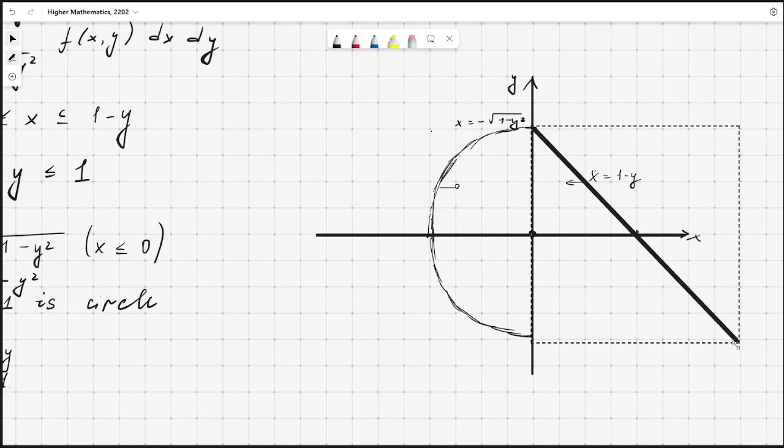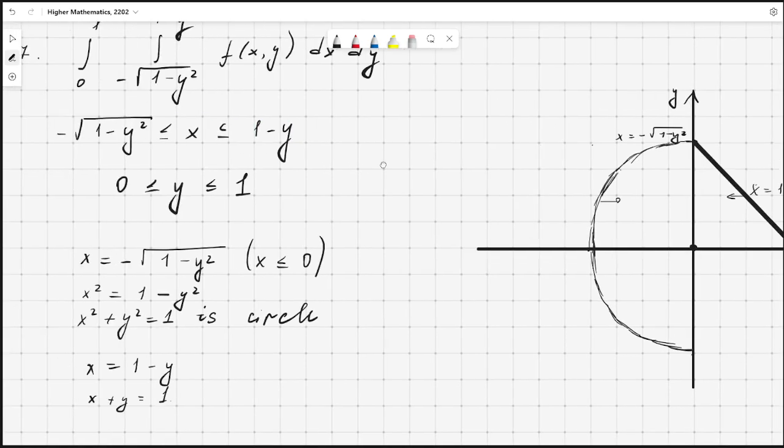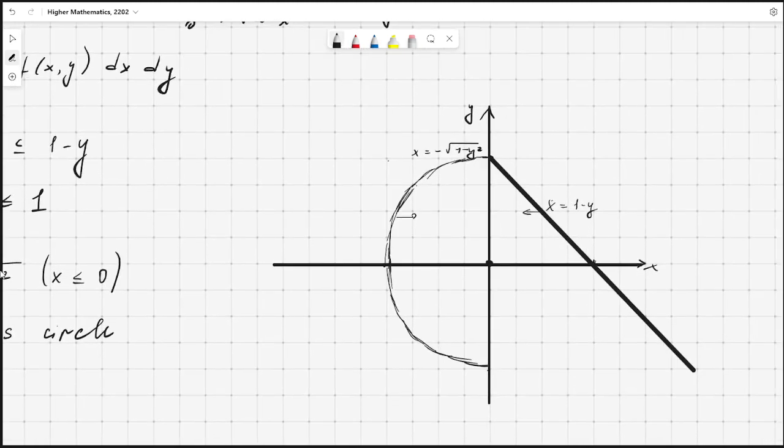Okay. Very good. Y changes from 0 to 1. Here y is 0, from 0 to y is 1, is this line.